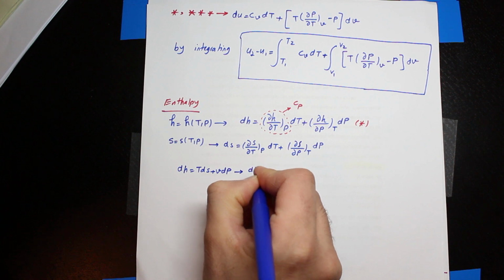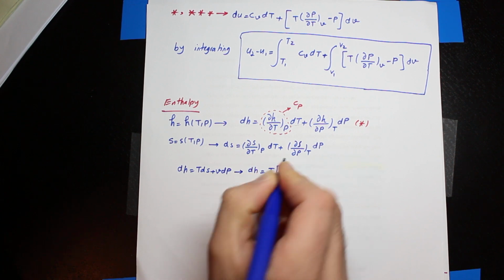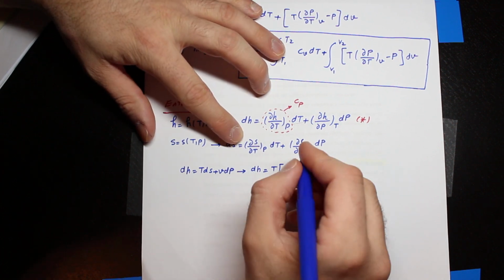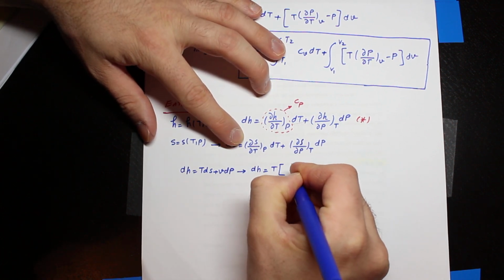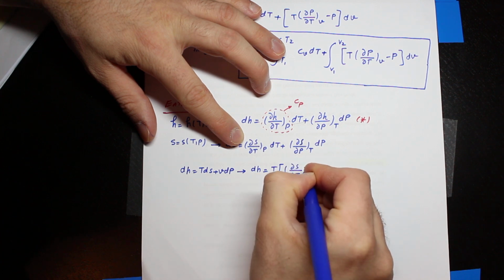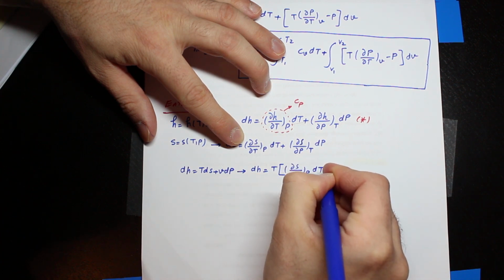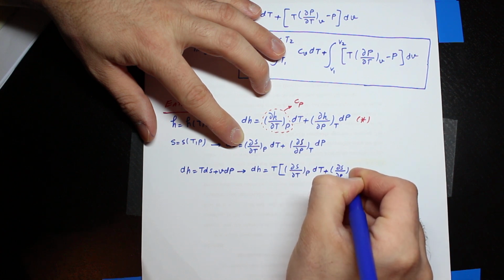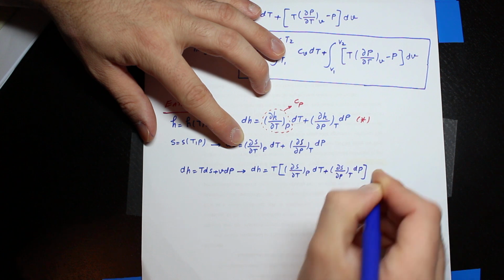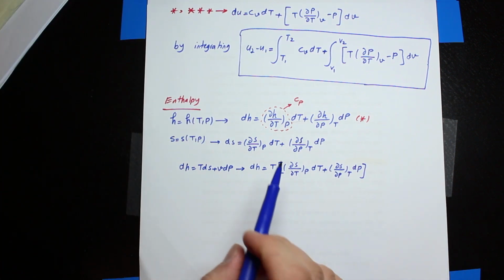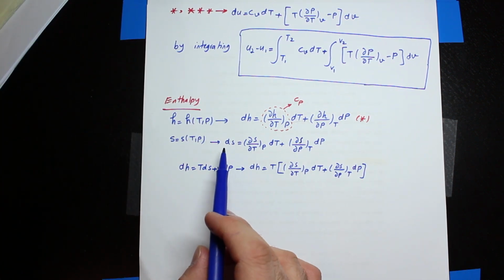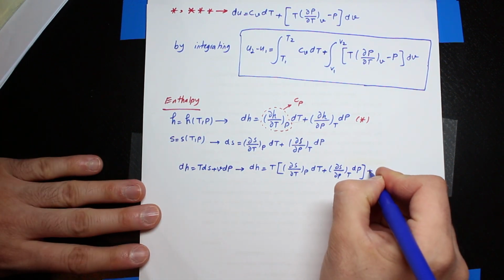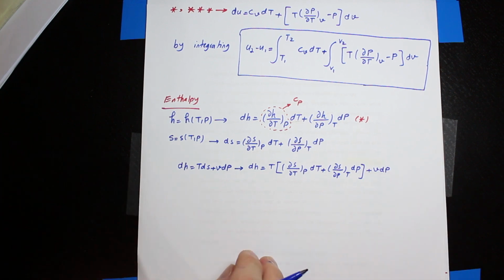So basically that gives me dH is equal to T times the right-hand side here, which is partial S partial T when pressure is constant dT, plus partial S partial P when temperature is constant dP. The entire bracket is my dS in fact. And then I will have plus VdP.